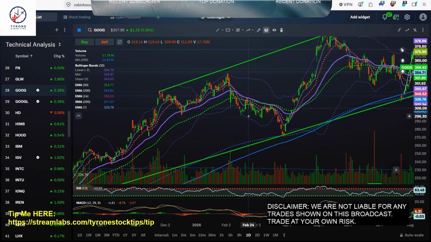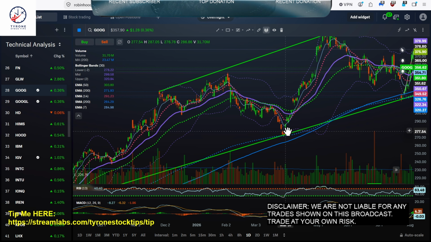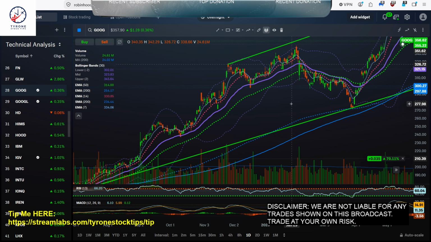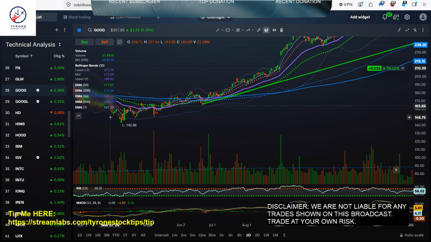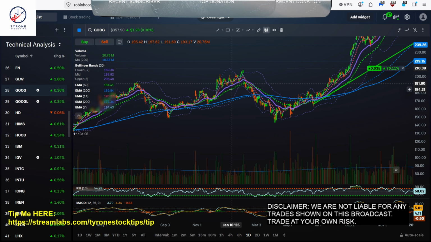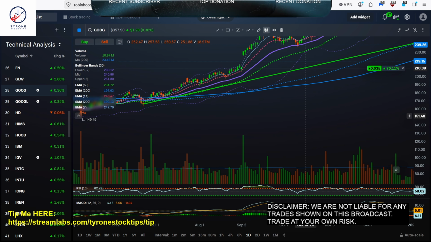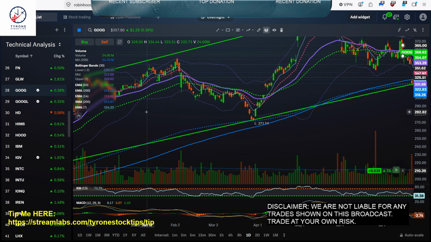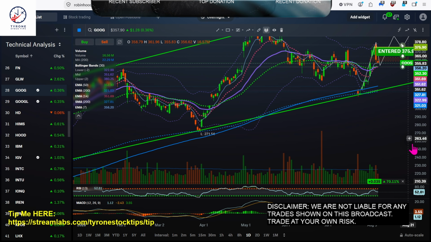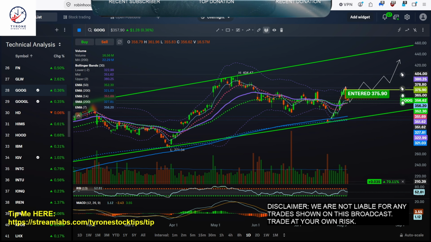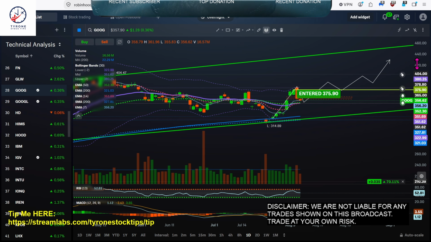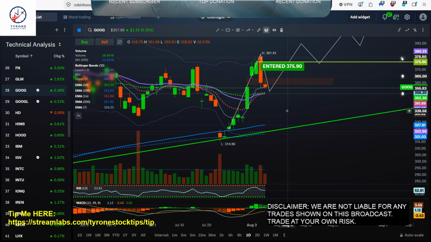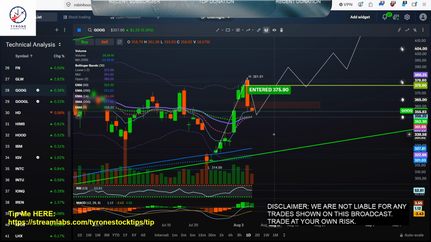You could even use it the other way: once we're below it, we're going to be in a downtrend for a while. Now, if we're going sideways, of course, it means nothing. Like this, it went up, went down, and you can never be too sure of that. But for now, I truly believe we're continuing this uptrend. I believe that this is just a retest, or it's going to be a higher low.